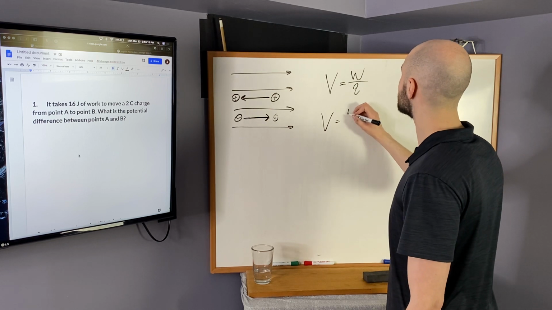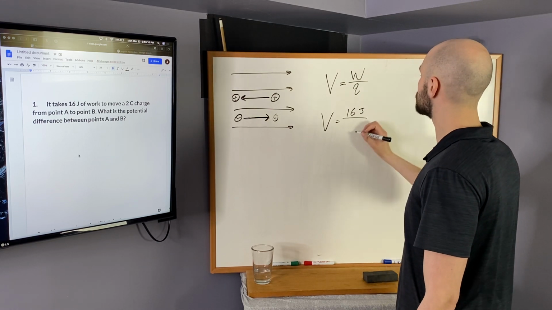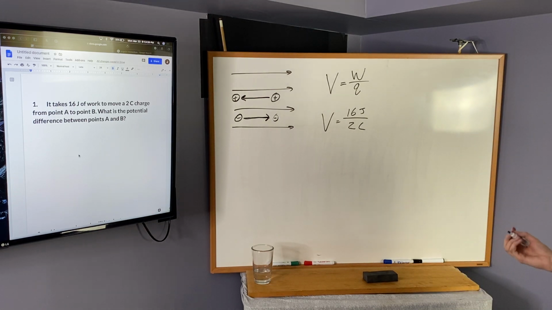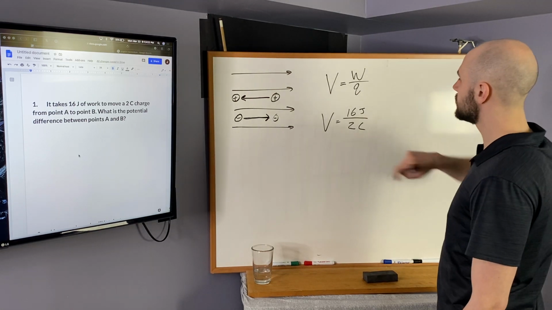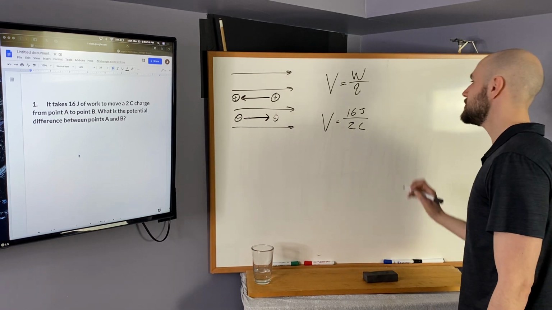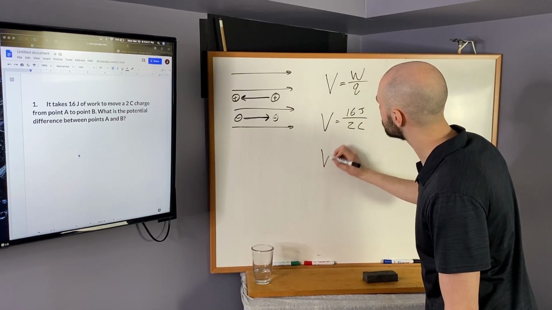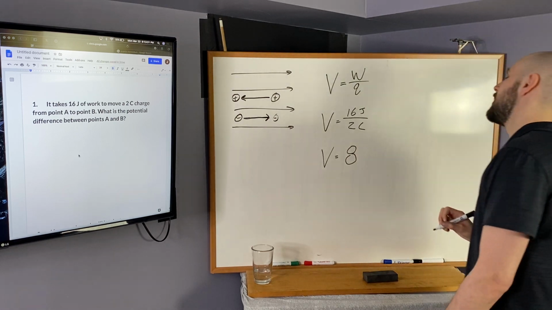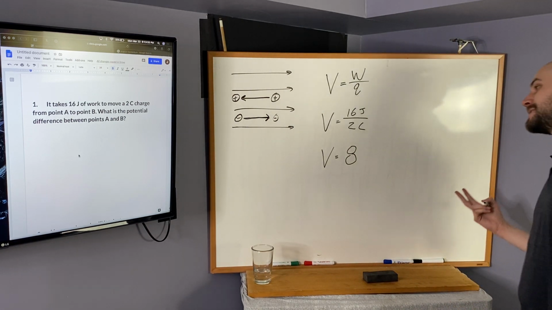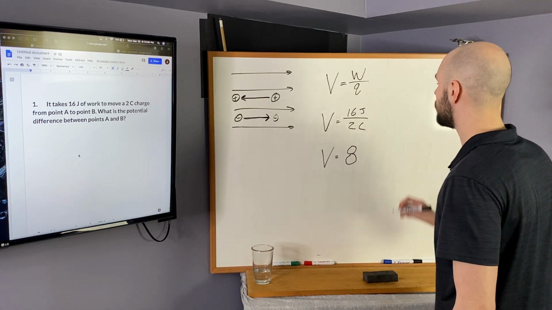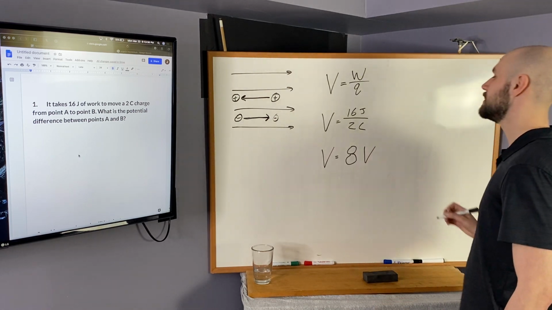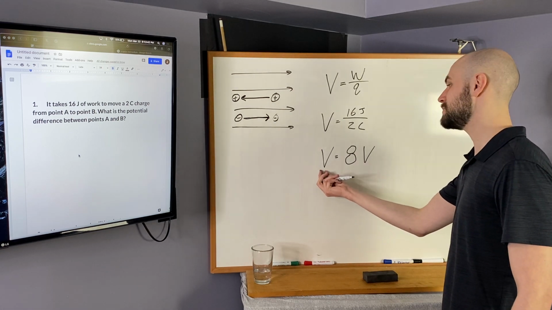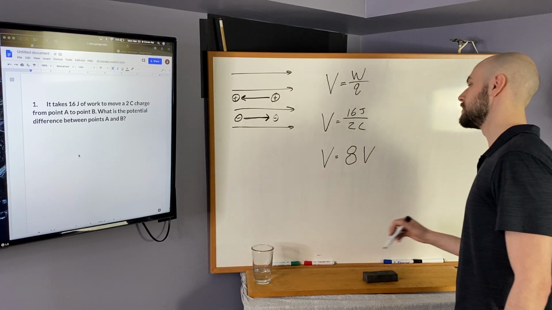We know that it took 16 joules of work to move this 2 coulomb charge from point A to point B. Working this out, simple division, 16 divided by 2, we know that the potential difference between these 2 points is 8. Our unit is volts. We don't have to write out the word volt. We can actually just use capital V for volt. So the potential difference between the 2 points is equal to 8 volts.